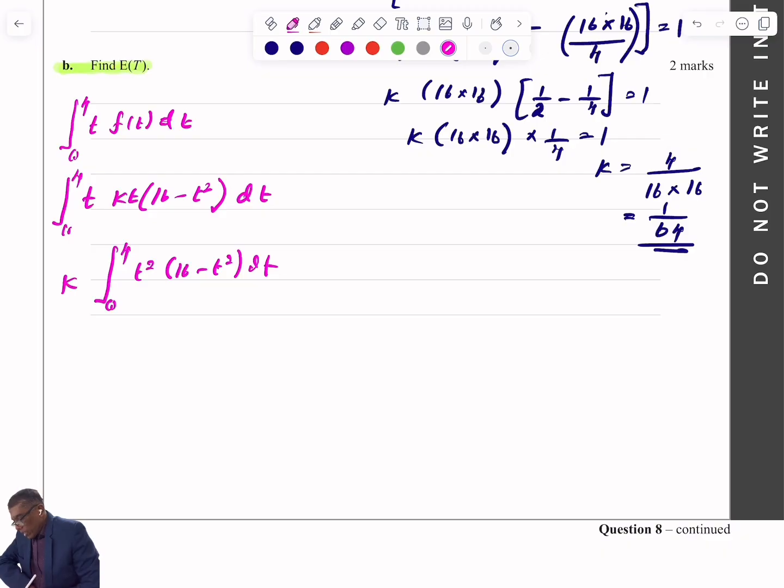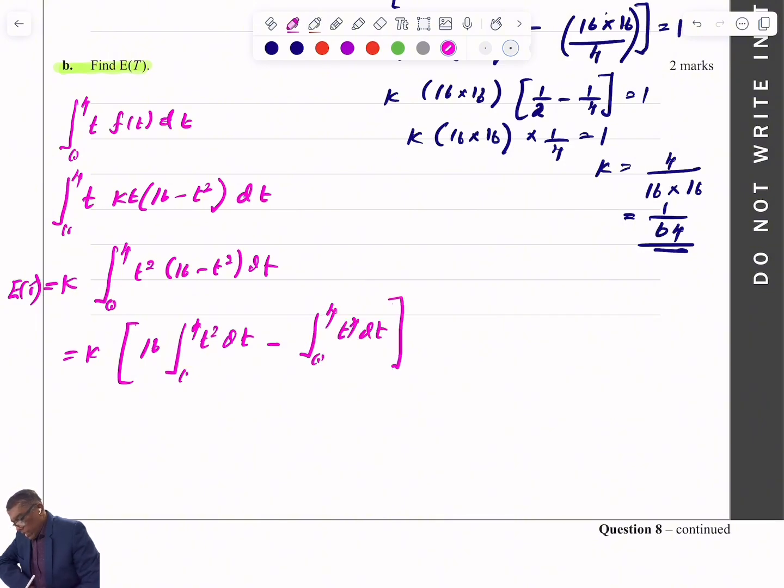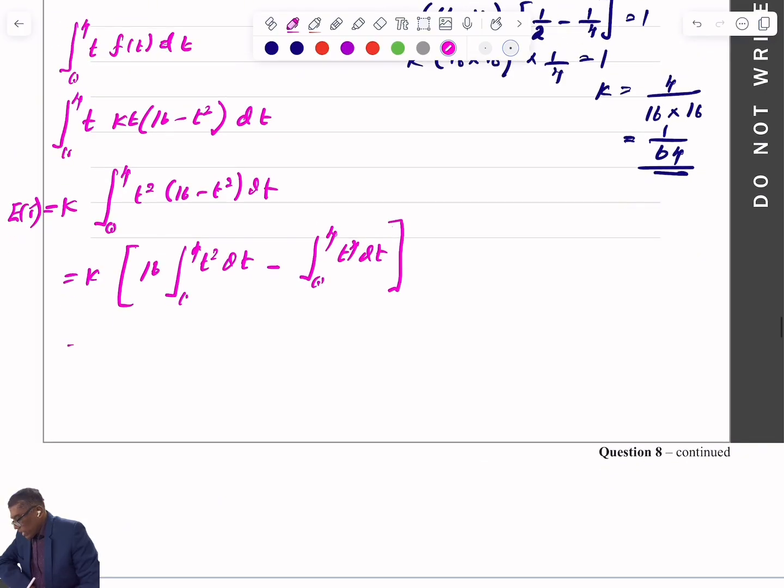k times. Now this can be written as 16 times 0 to 4 t square dt minus 0 to 4 t to the power of 4 dt. Now k times 16 times t cubed over 3, 0 to 4, minus t to the power of 5 over 5, 0 to 4.